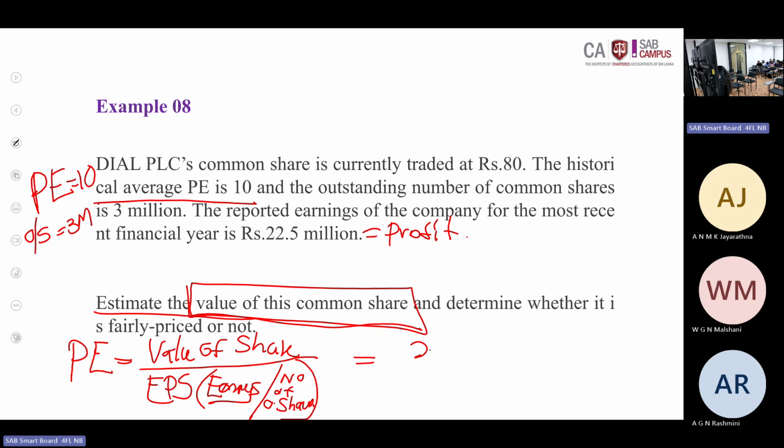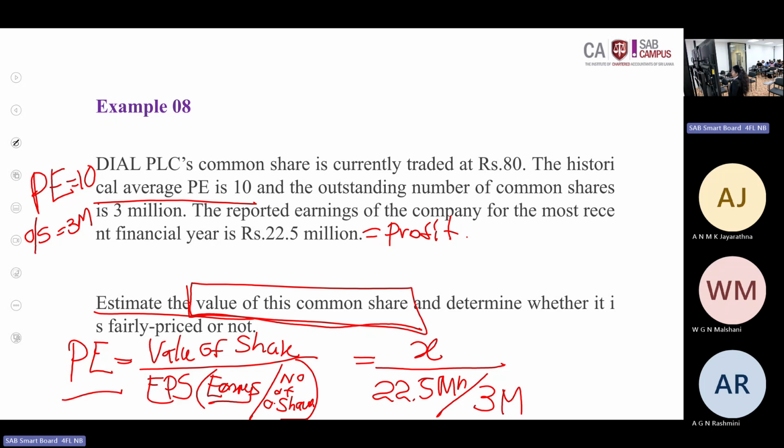We don't know the value of the share; that's what we are going to find. Total earnings, 22.5 million for last year, divided by 3 million shares. So then you can identify the EPS.